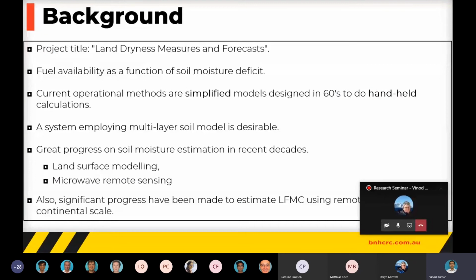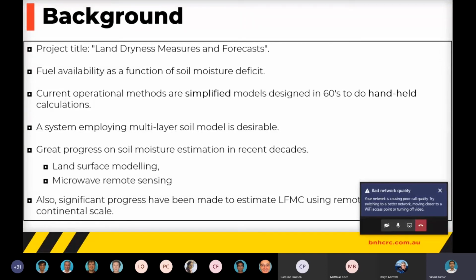Just to give you a bit of background, this project is called improvements to land drainage measures and forecast, in short.